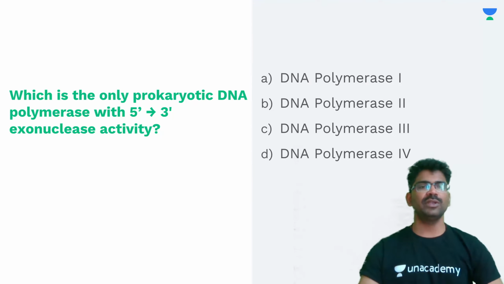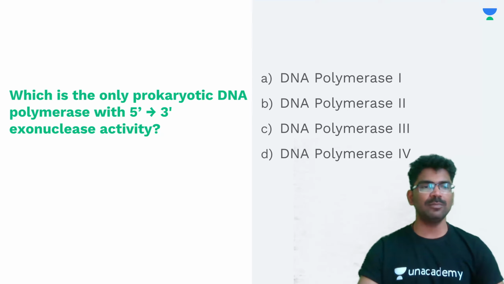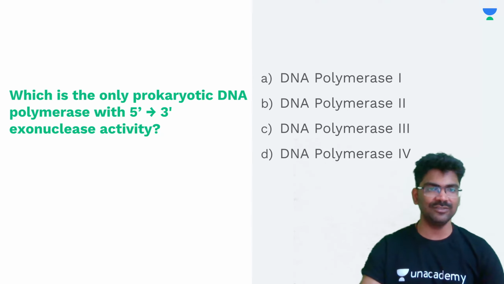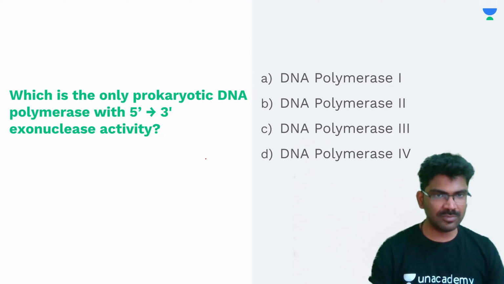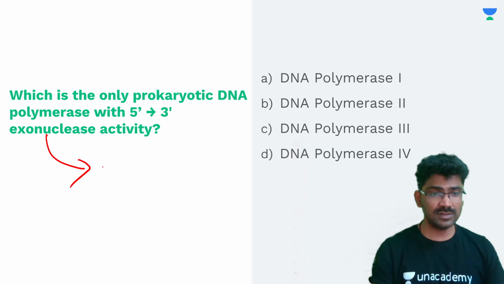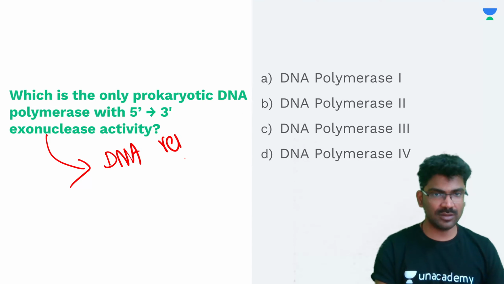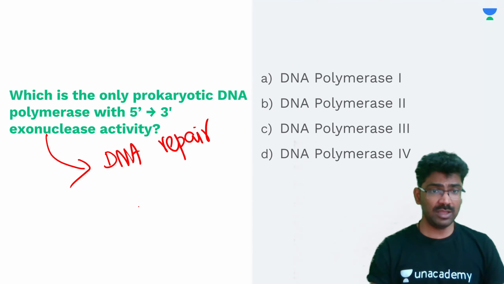Which is the only prokaryotic DNA polymerase with 5' to 3' exonuclease activity? What is 5' 3' exonuclease activity? This is involved in DNA repair and RNA primer removal.